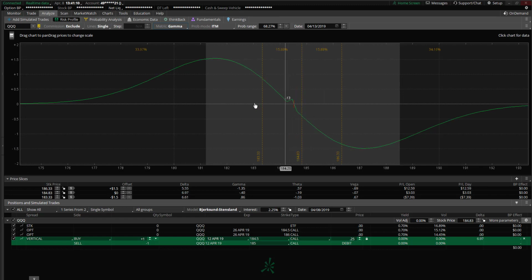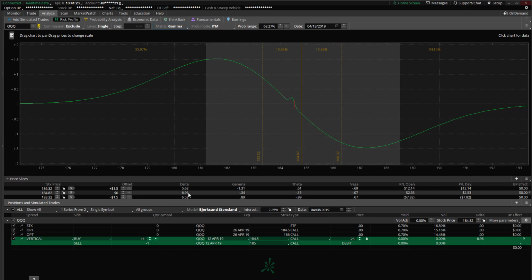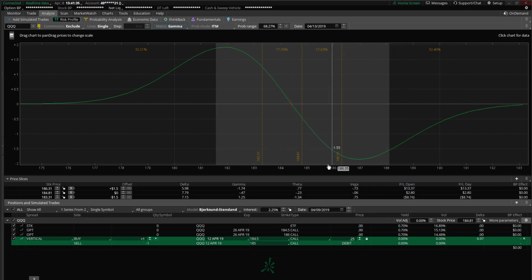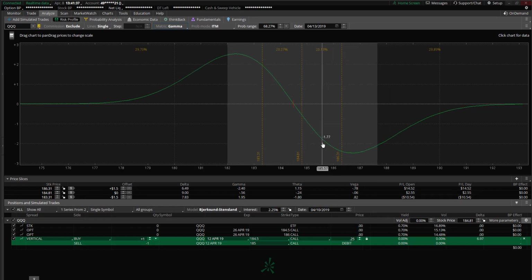If price was to fall through the day, our gamma would increase to a point and then it would start to fall away again. That would be how much gamma is applied to the delta after each dollar move that we would make in the underlying stock. Thinkorswim gives you the ability to do this so that you can see how your trade would be affected as you start to move through time.